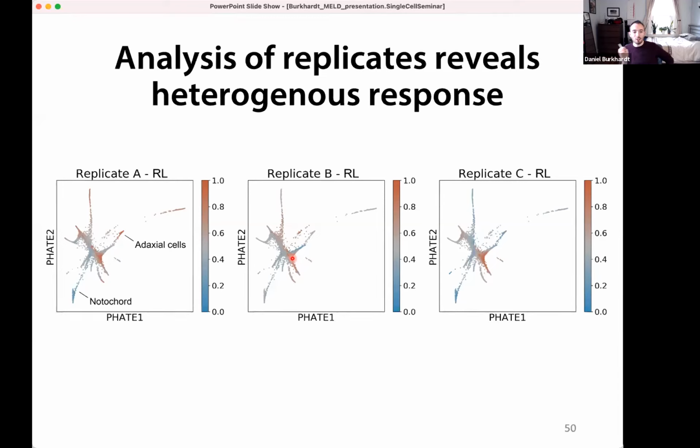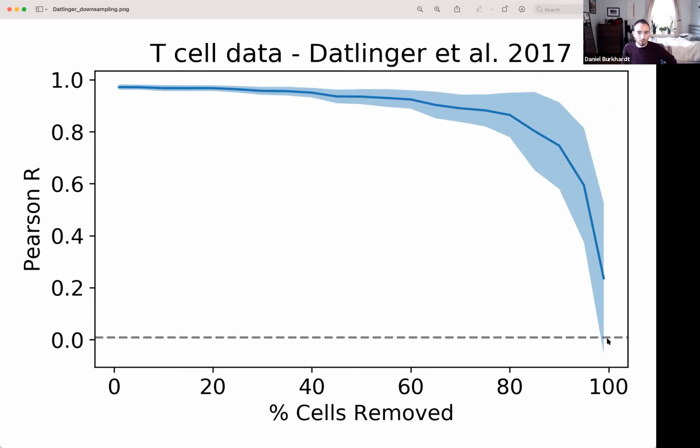Thank you. Yeah, someone else asked about exactly that in the review process. So what I did here was I literally just took the T cells and removed some number of the cells and looked at the correlation.